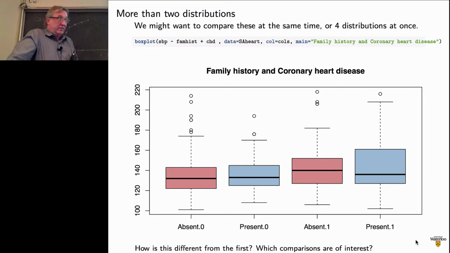Is this any different from what we saw before? Yes? No? How many people think no difference? Raise your hands. How many people think there is a difference? How many people don't know?